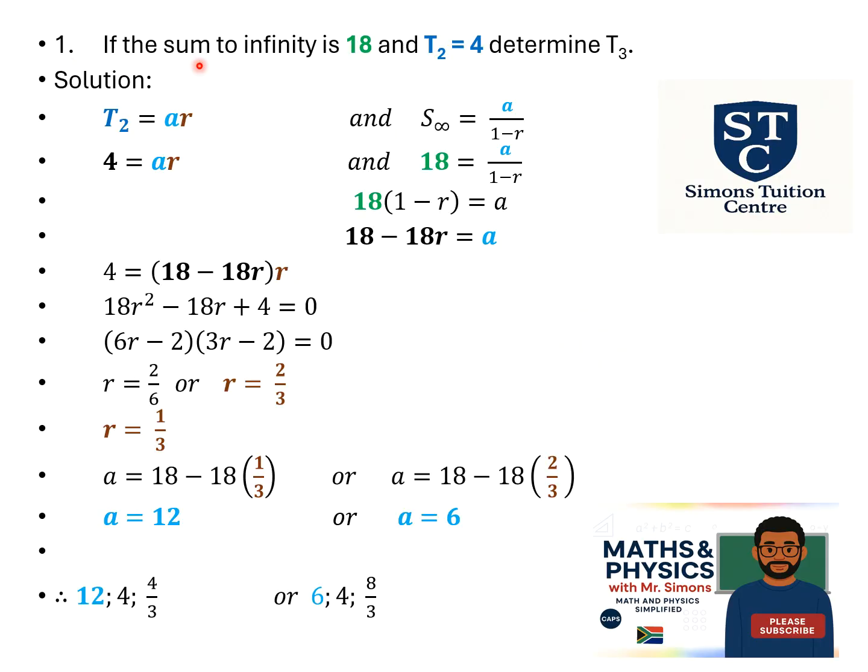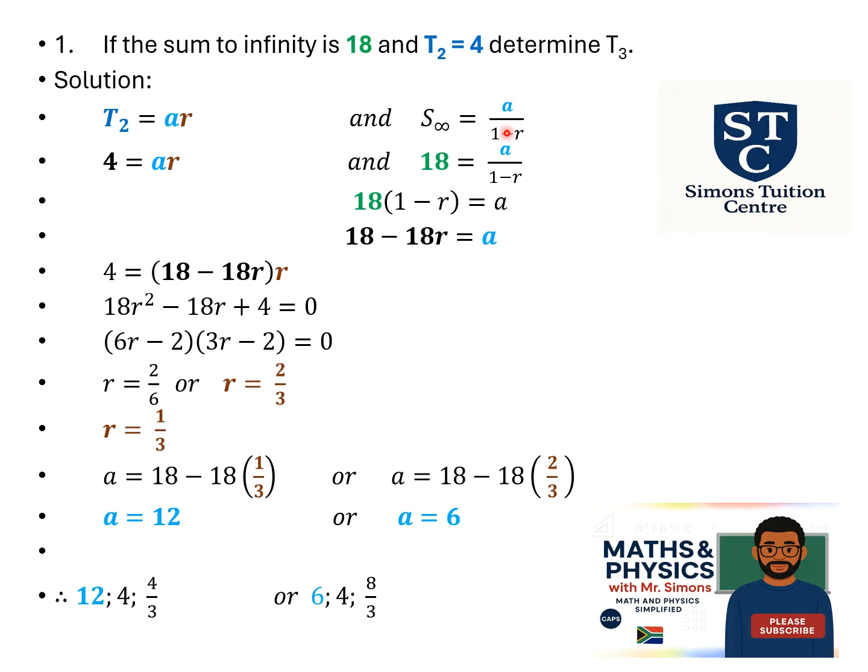Now the second one: the sum to infinity is 18, and term 2 equals 4. Determine term 3. If we say sum to infinity, we automatically assume we're working with a geometric series. Term 2 is the same as ar, so 4 equals a times r.